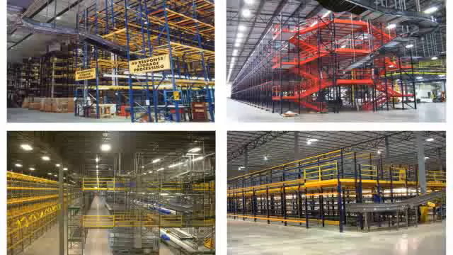This next slide shows what is referred to as a pick module. Pick modules are highly engineered systems. They usually consist of either selective rack, or pushback racks, or pallet flow racks, or carton flow racks, or combinations of them. And in between these rows of racks, there are elevated working floors or picking floors that basically tie the whole system together. And this is where the workers are.